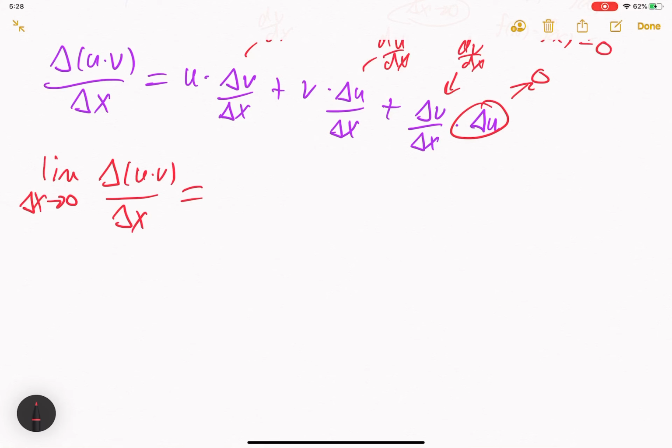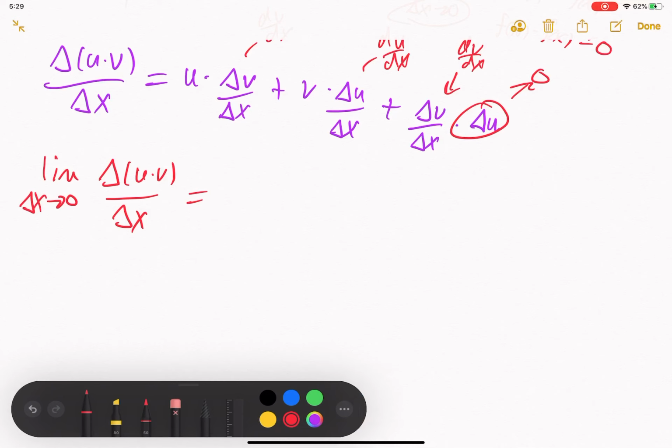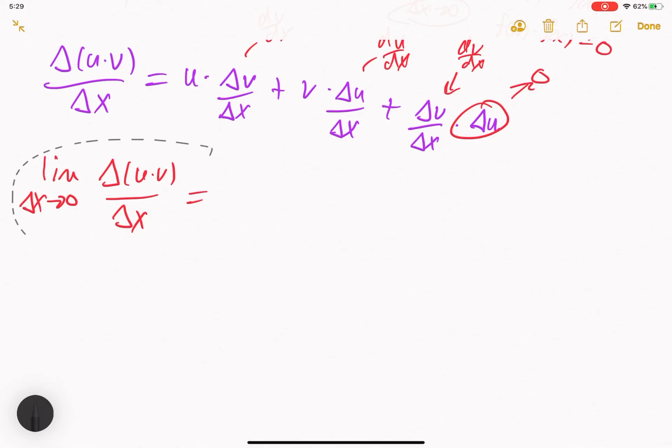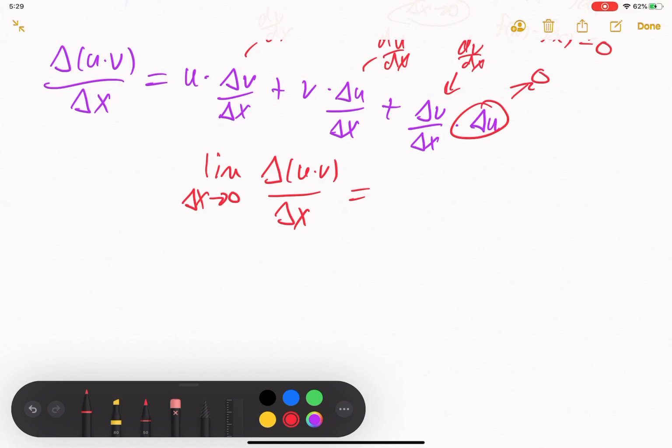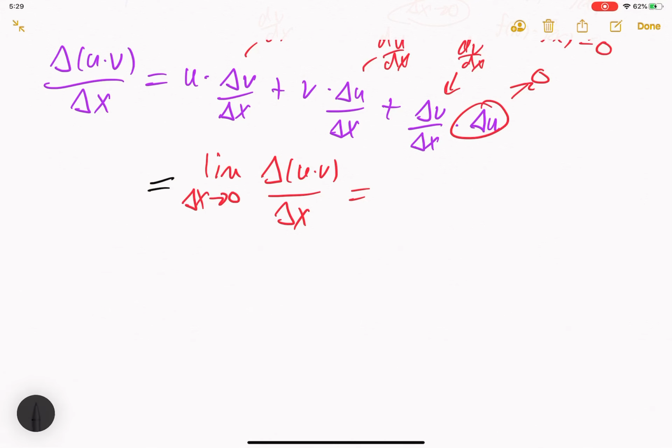I forgot to write this above. I was supposed to write it before. Let me move it over a bit. So remember, this is equal to the derivative of u times v.